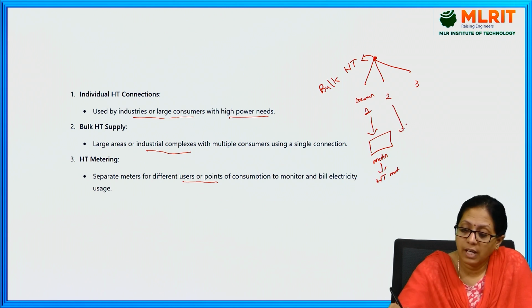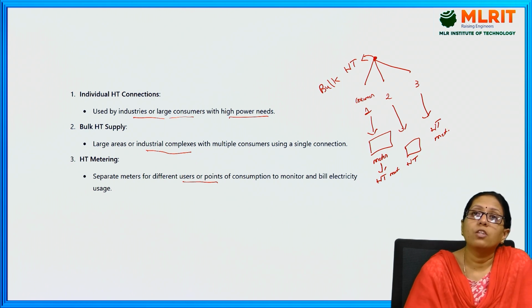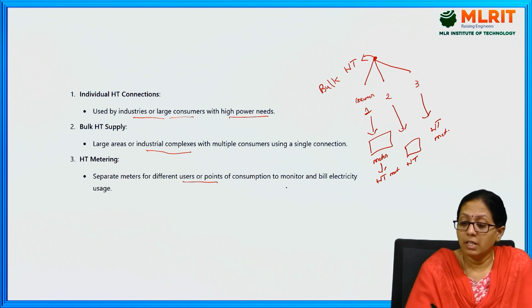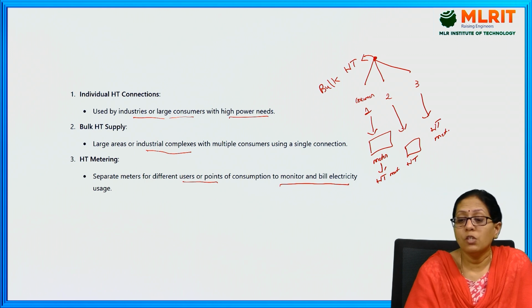So for the second consumer, another HT metering system. For the third consumer as well, another HT metering system. So for 3 different consumers, we can use 3 different HT metering systems individually in order to monitor and bill the electricity usage for different consumers of different places.